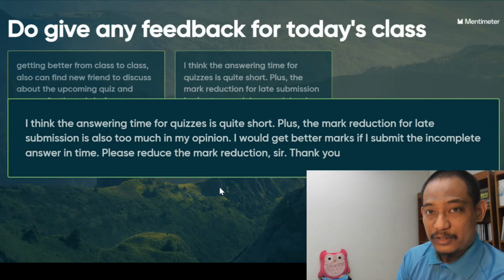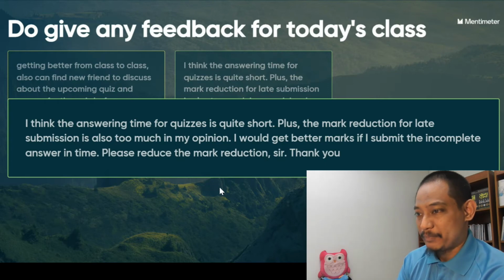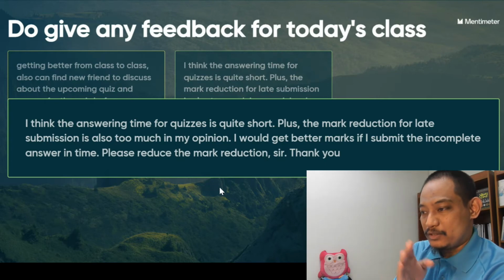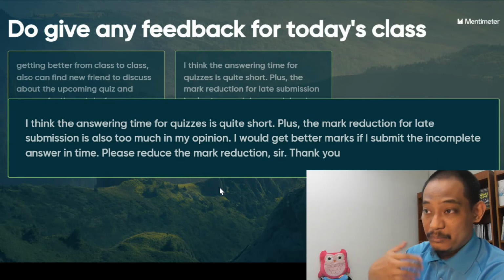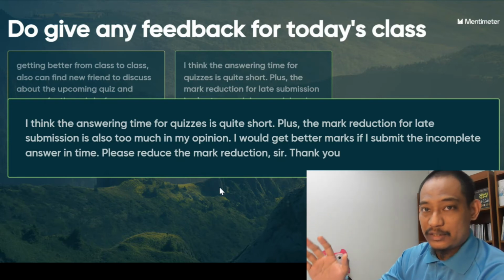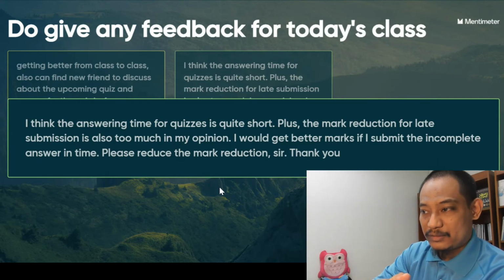the mark deduction for the late is just to give the opportunity for those who, for whatever reason, have something happen that leads towards 1 or 2 minutes late submission. So meaning that I will not totally reject their quizzes. It will still be considered, but at the expense of the mark reduction, right?